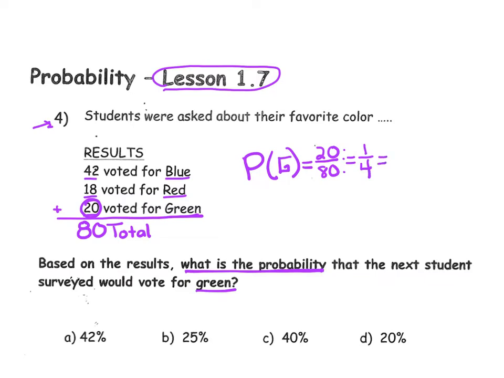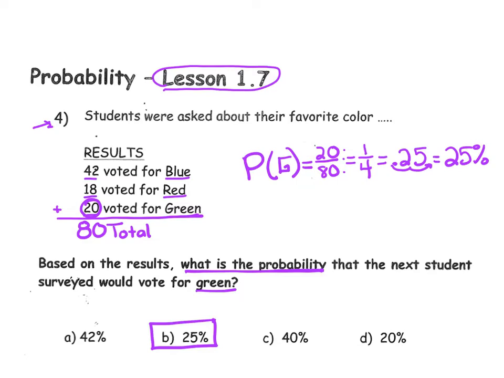And many of you have it memorized that 1/4 is equal to 25 hundredths, or as a decimal, 25%. So when you have to, change the form you've been given and convert it into either decimal form or percent form. In this case, we can see it's choice B.